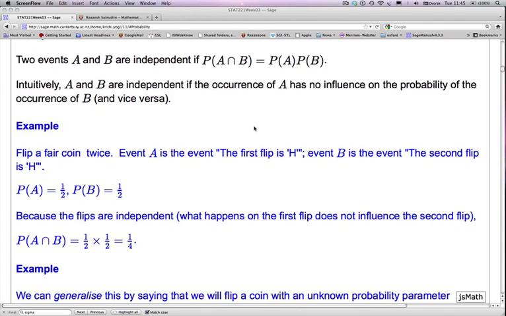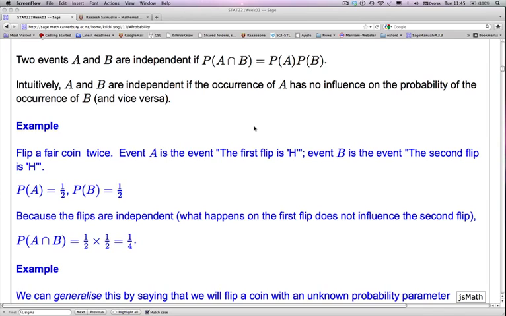So let's look at an example. Suppose we flip a fair coin twice and let event A be the first flip being a head, and let event B be the second flip being a head.